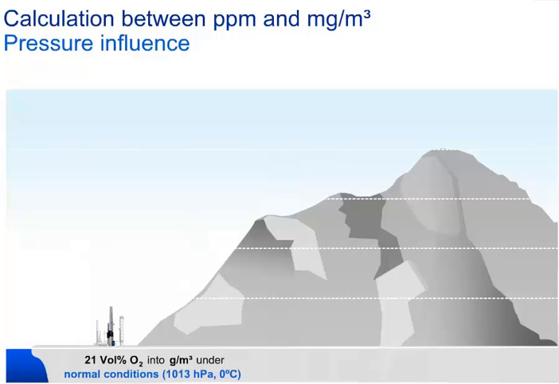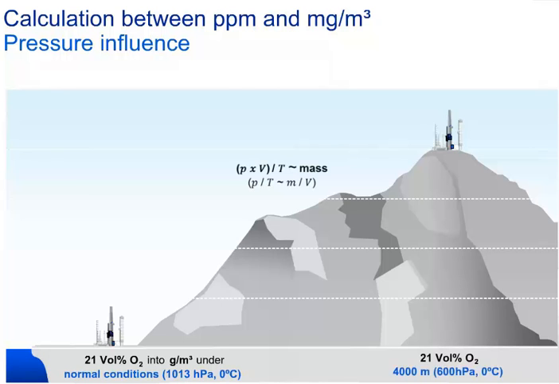Now we would like to know the conversion for 21 volume percent O2 into grams per cubic meter for an altitude of 4,000 meters, which means 600 hectopascal. We know for all gases, P multiplied by V divided by T is proportional to mass. P is pressure, V is volume, T is temperature, M is mass.